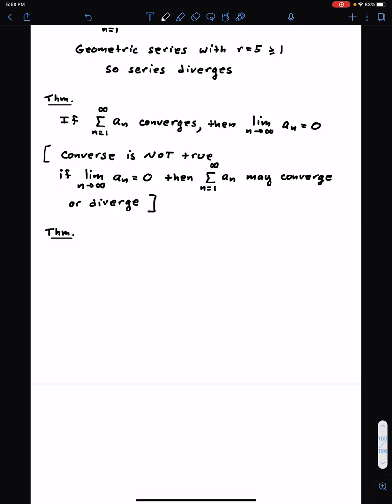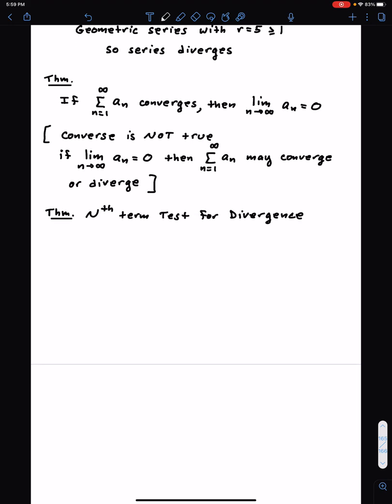However, there is an nth term test for divergence. It's the easiest test to check for divergence.